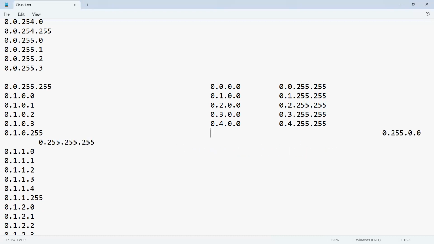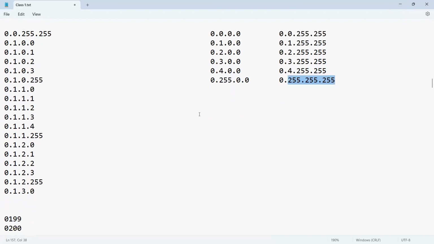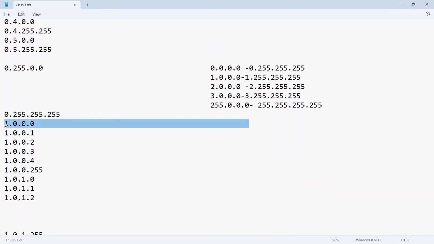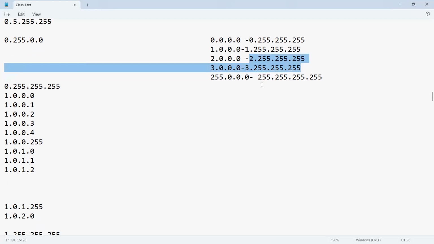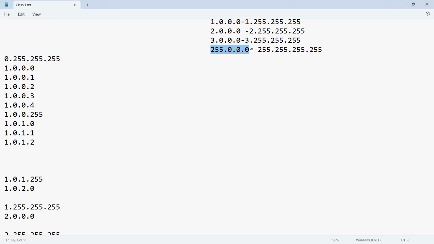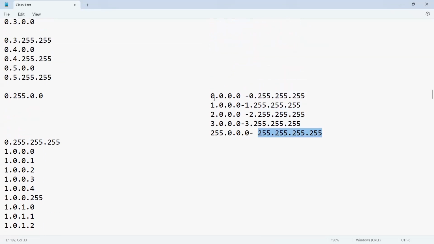Whatever cycle repeated here, the same cycle now repeats from 1.0.0.0 to 1.255.255.255, from 2.0.0.0 to 2.255.255.255, from 3.0.0.0 to 3.255.255.255, and finally from 255.0.0.0 to 255.255.255.255. Here's the first IP, and here's the last IP.